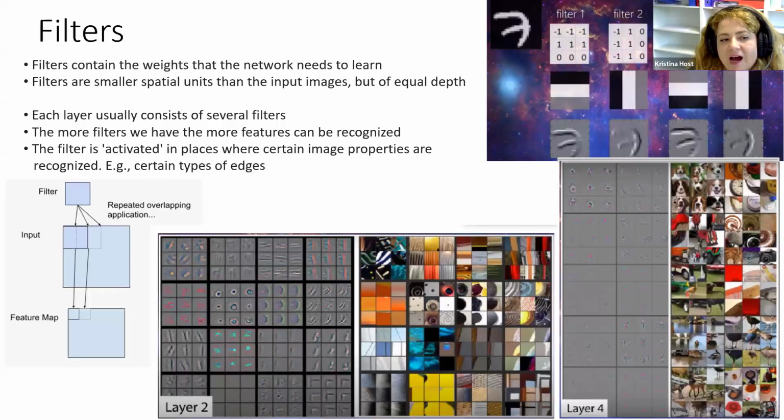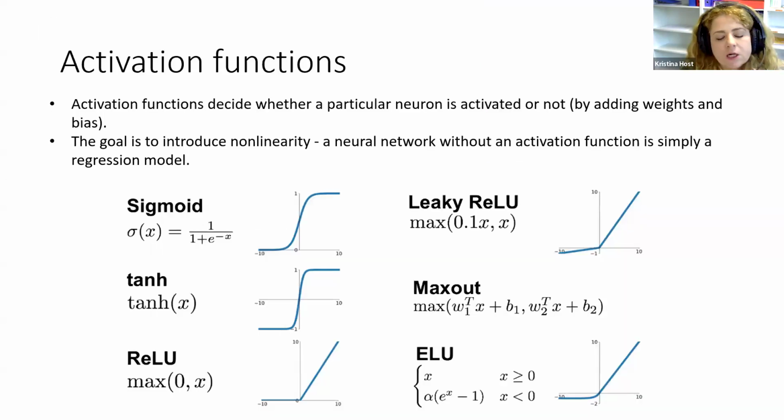How can we activate these filters? To activate that filter, we can use activation functions that decide whether a particular neuron is activated or not, so if some specific feature is found or not.